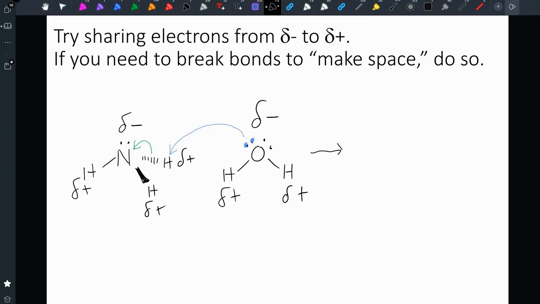And what will that give me? Nitrogen now has 2 lone pairs. It's bonded to 2 hydrogens still. Oxygen now only has 1 lone pair, and it's bonded to 3 hydrogens.